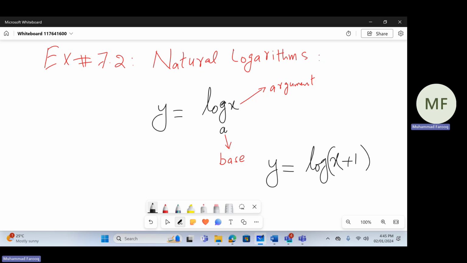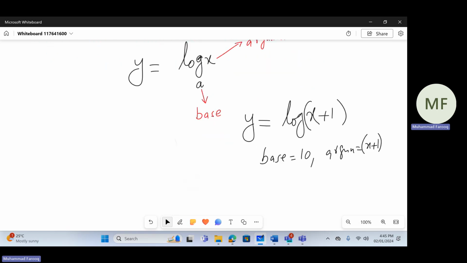When you integrate, it is understood the base is 10, unless they put some other base. So the base is 10, and the argument is x plus 1. Good understanding.